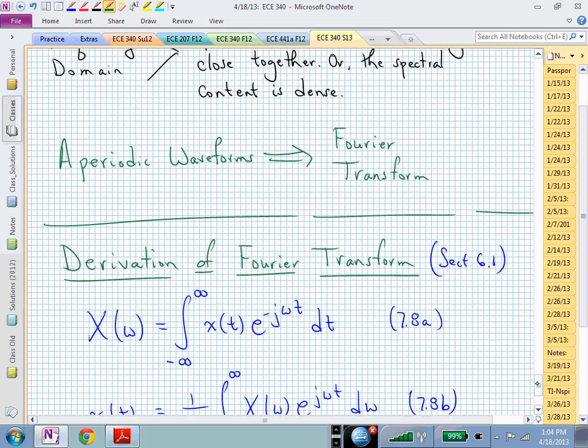And what we want to do is learn now a little bit more about this Fourier transform. And this is, whoa, what am I doing? I'm not being truthful here. We're now in chapter 7, section 7.1.